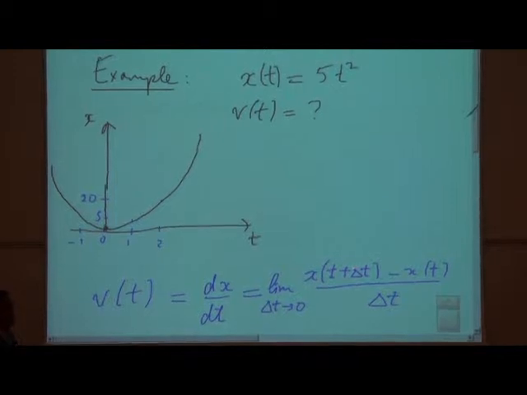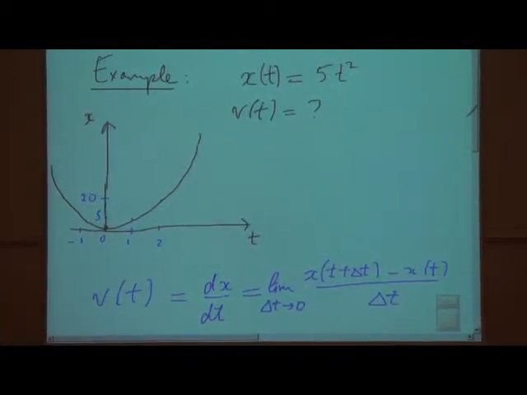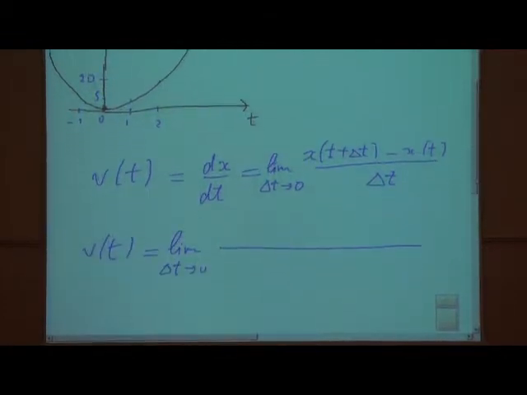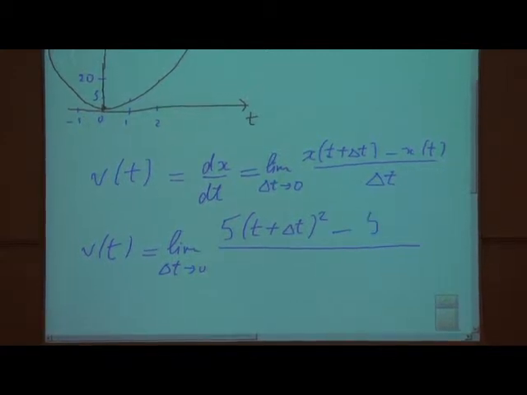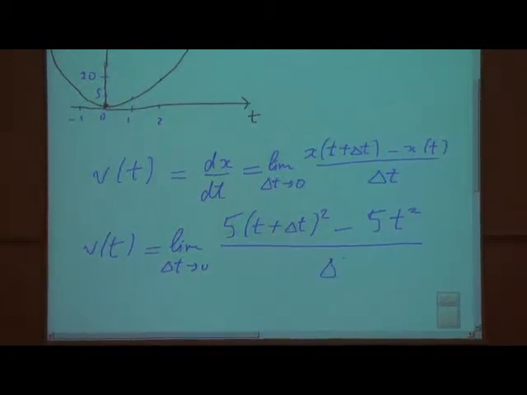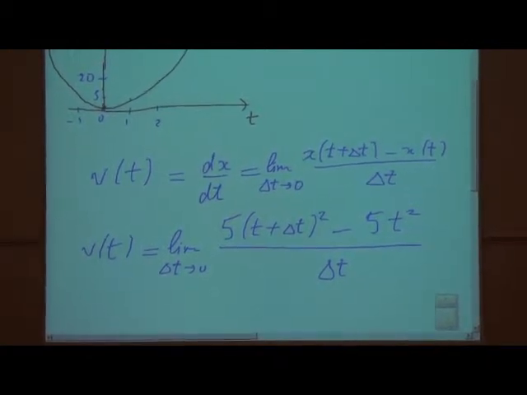So what shall I write here? 5 times (t plus delta t squared), minus 5 times t squared, that's easy, divided by delta t, whatever delta t is. Okay? Yes? Any questions?